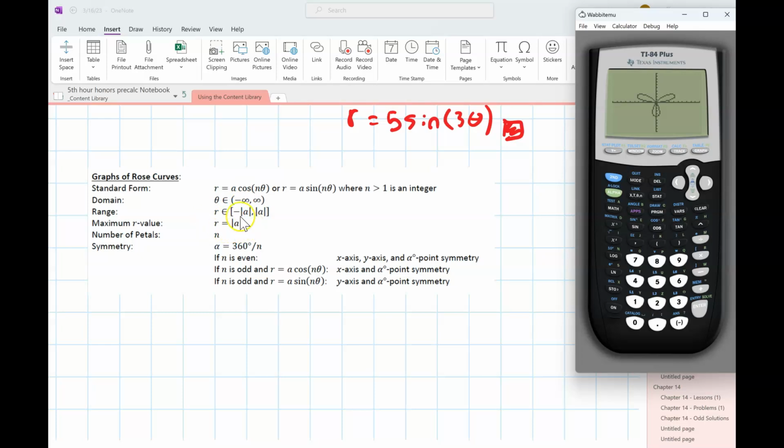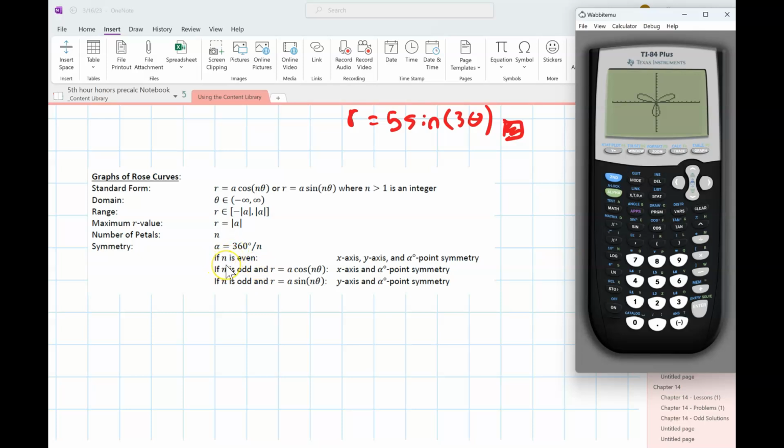The maximum value is just going to be the absolute value of a. The number of petals, so here you see 3 petals on our flower, is the same as the coefficient on our theta. And then depending on the type of n and whether you have sine or cosine, we can determine our symmetry immediately without having to do any proof.